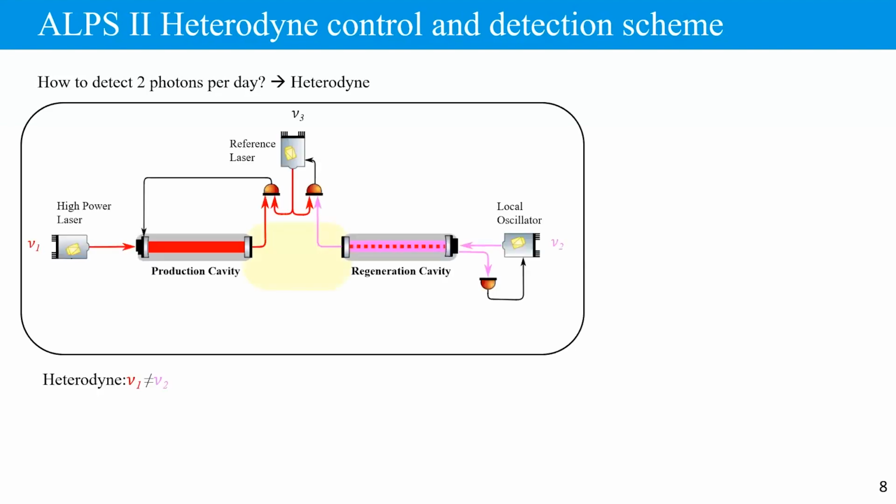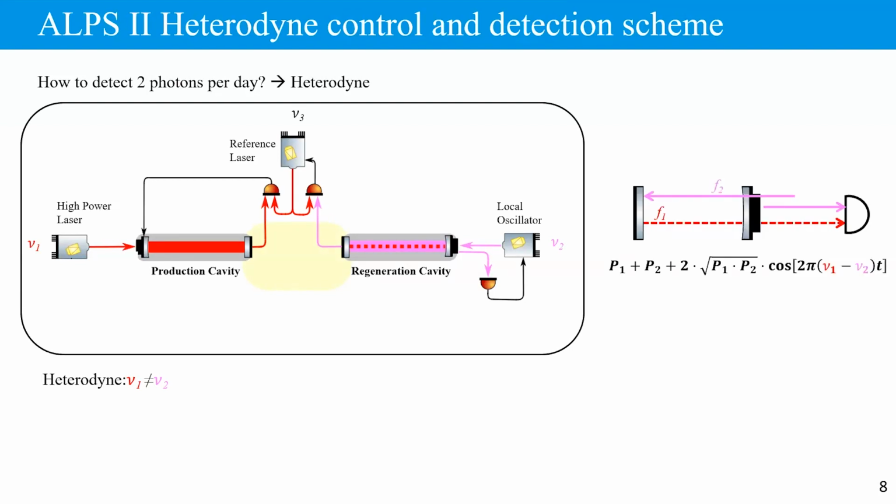In principle, it means that we use 2 different lasers with 2 different optical frequencies. Now, let's assume that our light source, which we call the high power laser, has a frequency of nu1. And the power of nu1 that reaches the detector, which is somewhere here, is quite low. It's only 2 photons per day.